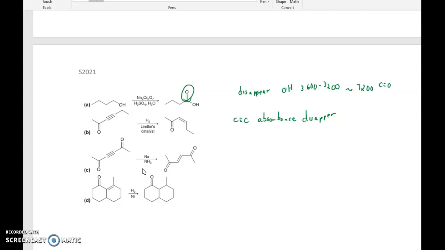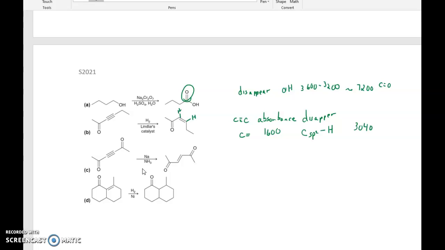Oh, I guess we've got a double bond will appear at 1600, and we'll also get sp2 hybridization at 3,100 or so, because we've got hydrogens coming off here now.